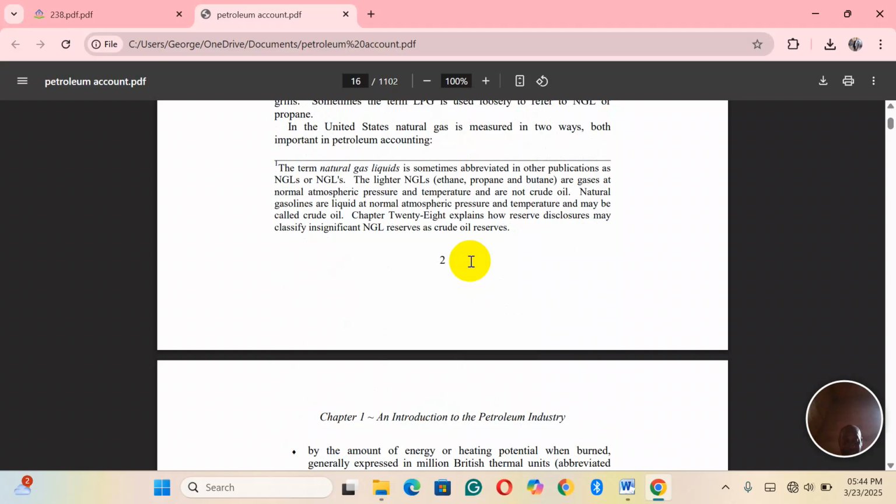The lighter NGLs, ethane, propane, and butane, are gases at normal atmospheric pressure and temperature and are not crude oil. Natural gasoline is liquid at normal atmospheric pressure and temperature, and may be called crude oil.